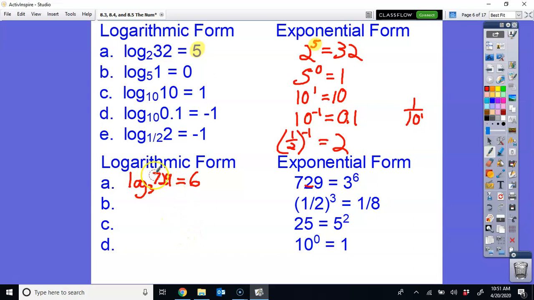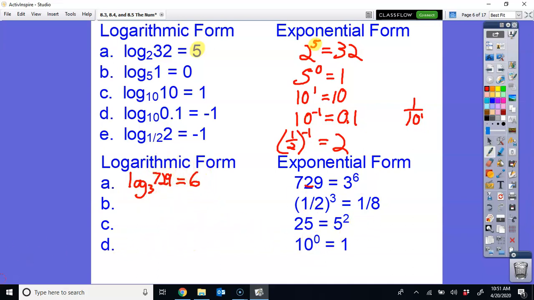Now sometimes you'll see parentheses around that 729 to help you know that it's actually inside the logarithm, and that might be helpful for some of you. We'll get into that a little bit more when we get into some that are a little bit uglier in particular than the ones we're looking at now. But this base raised to this exponent equals this number, always. That's the definition of a logarithm. The base 3 raised to the 6th power equals 729.